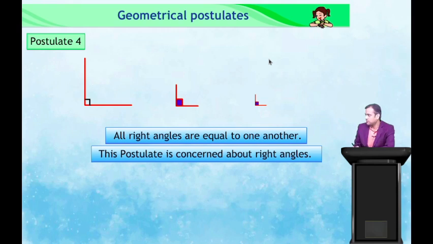All right angles are equal to one another. This postulate is concerned with right angles. So postulate 4 is related to right angles or 90 degrees. All right angles are equal to one another. So they all are equal.